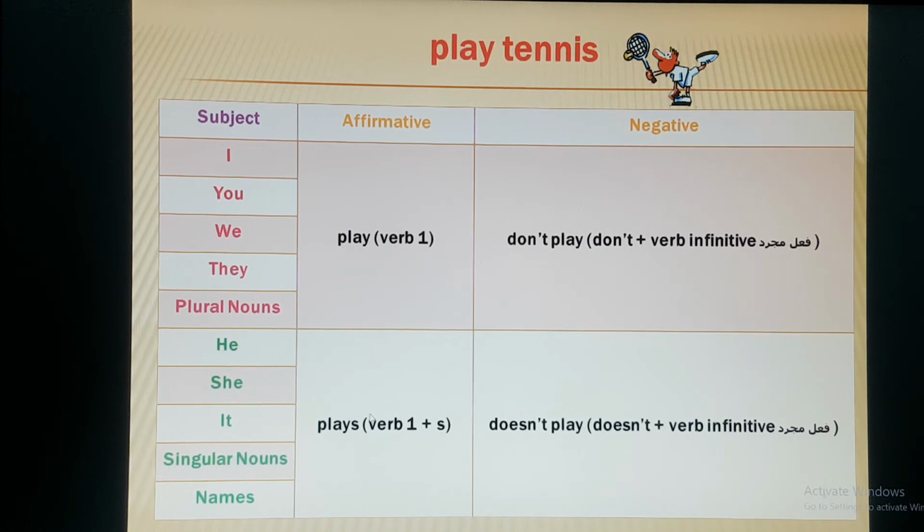But if we have he, she, it, singular nouns and names منضيف s للفعل بالaffirmative form، يعني play بتصير plays. And we add doesn't in the negative form، وبعد doesn't بيجي فعل مجرد verb infinitive.